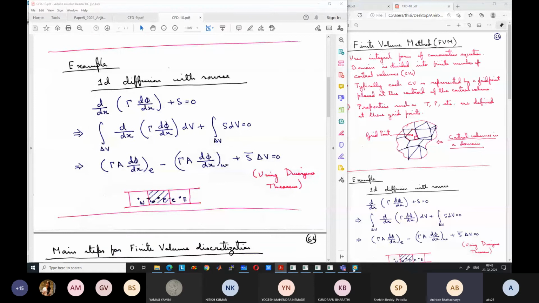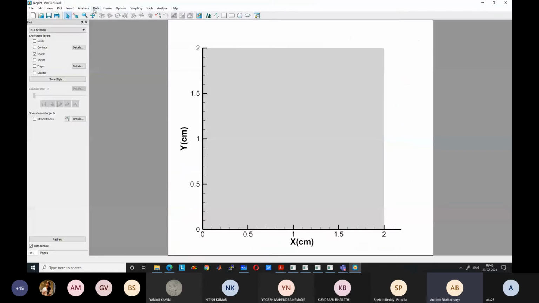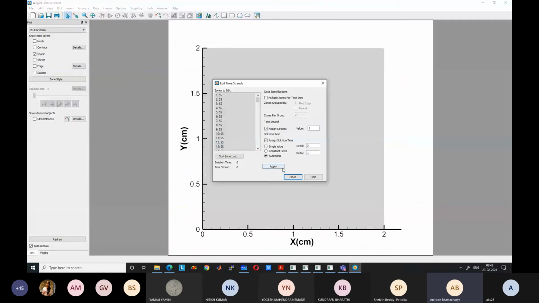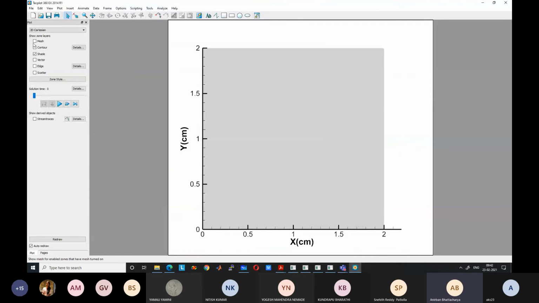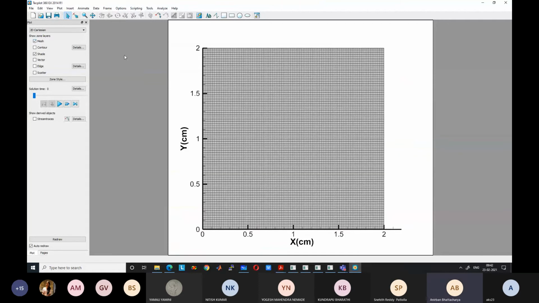I wanted to show you something: how the mesh structure looks.